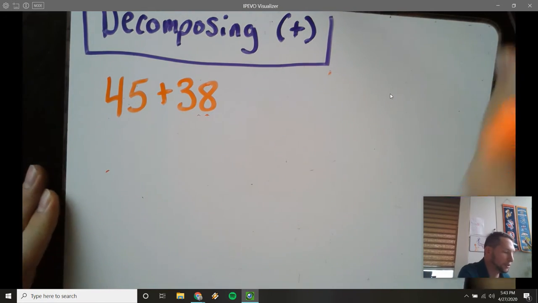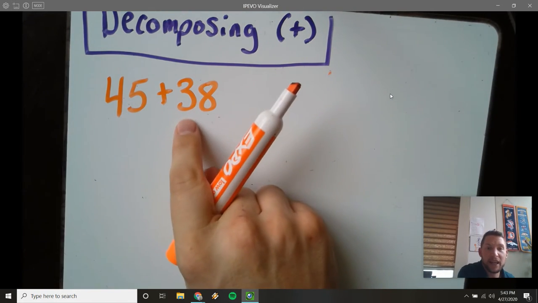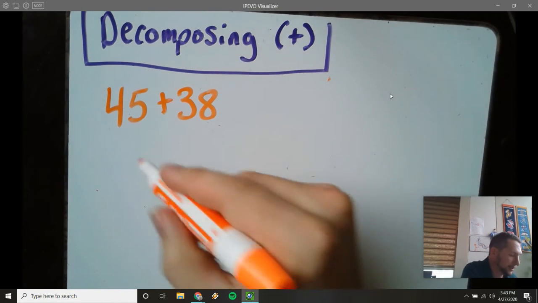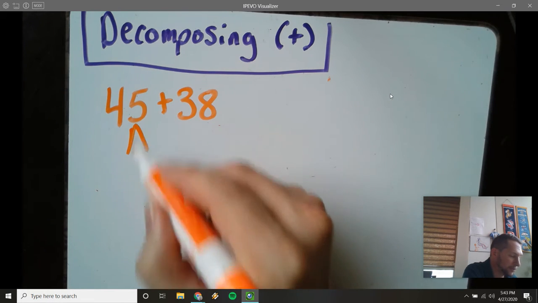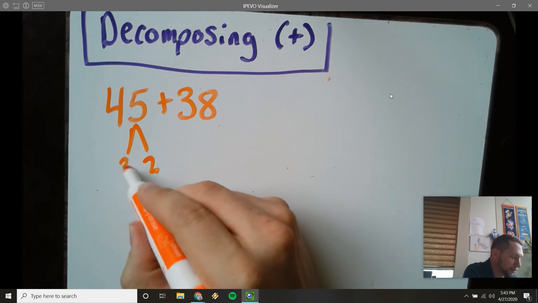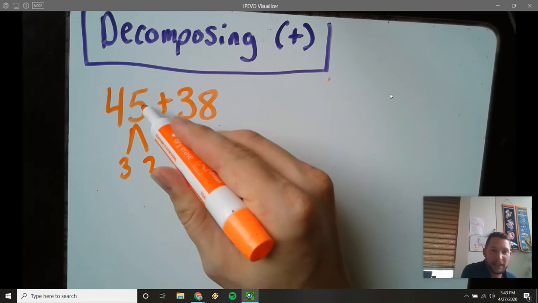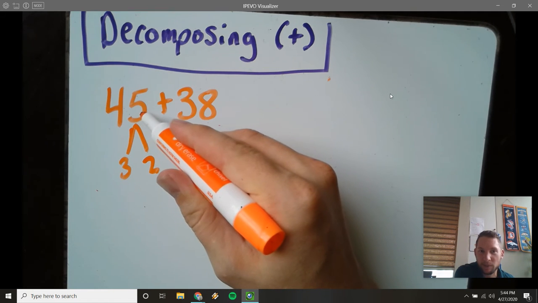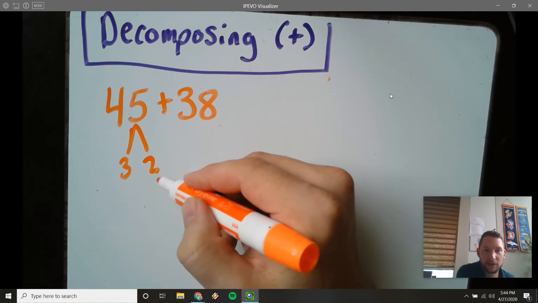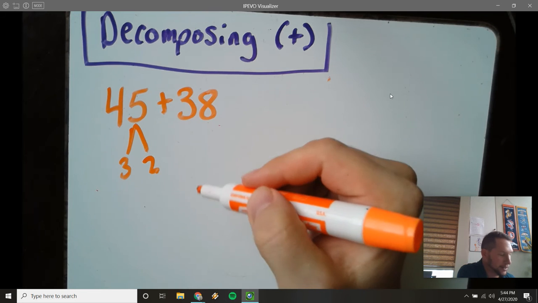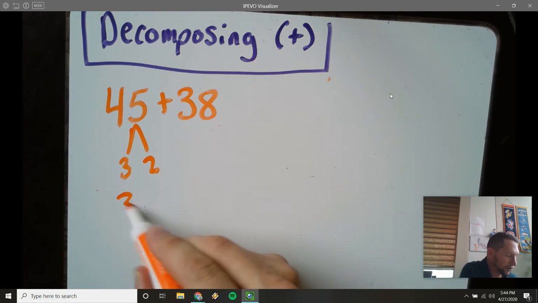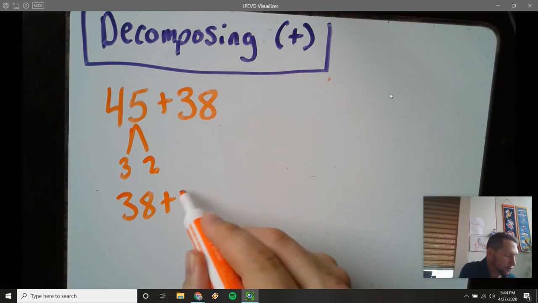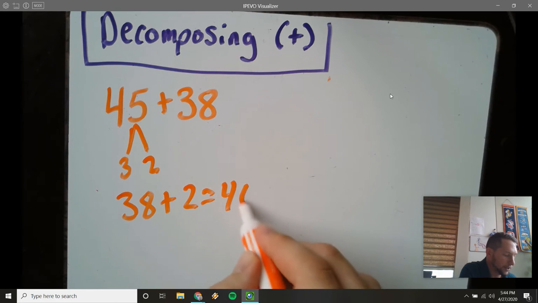I could go, okay, 38 is close to 40. I could take 2 away from the 5. So this would be 3 and 2. I'm decomposing, I'm breaking this number apart to help me out with adding to make it easier for me. So now I could do 38 plus 2 equals 40.